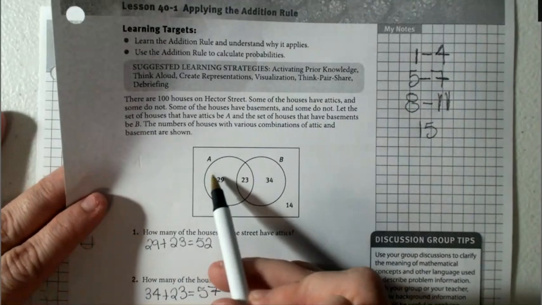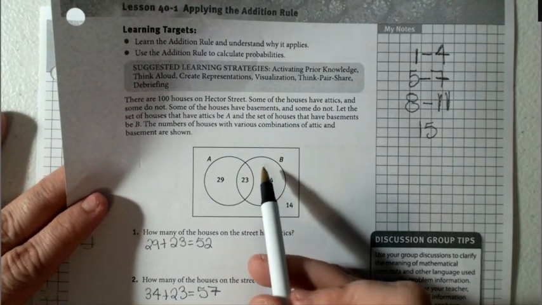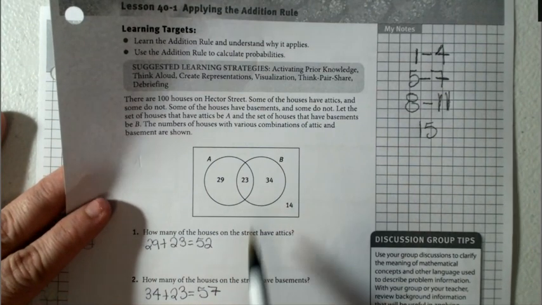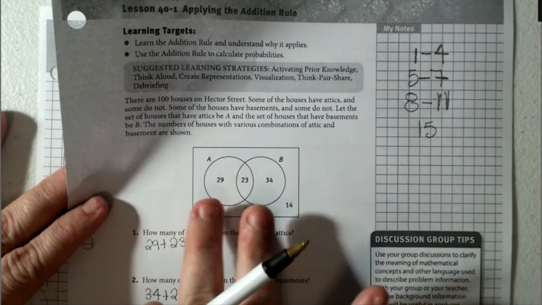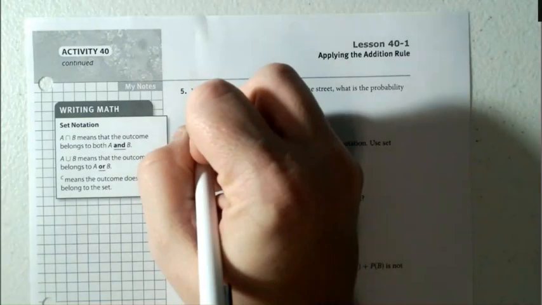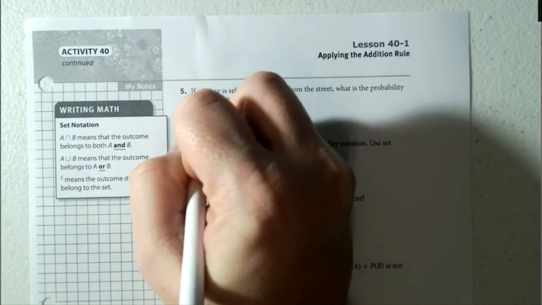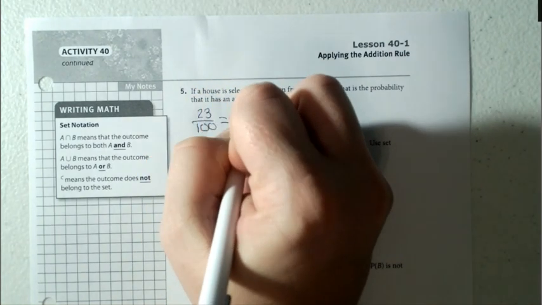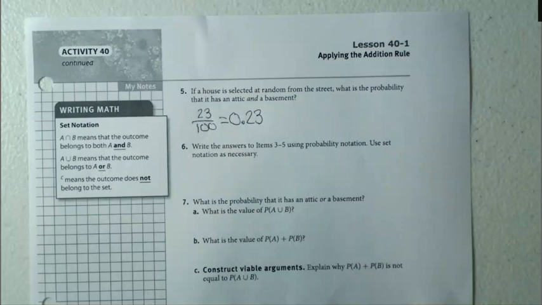These are all my attics, these are all my basements, and these are the houses in between that have both attics and basements. So that would make this answer 23 out of 100, which is 0.23.